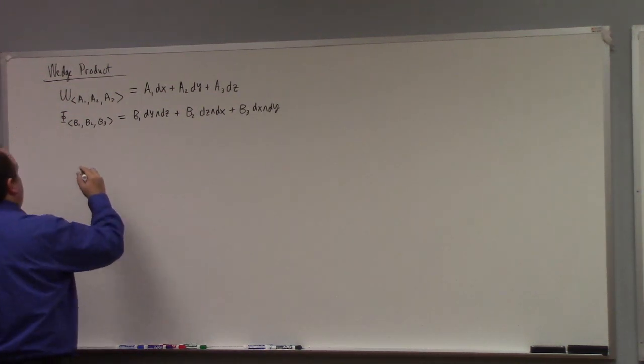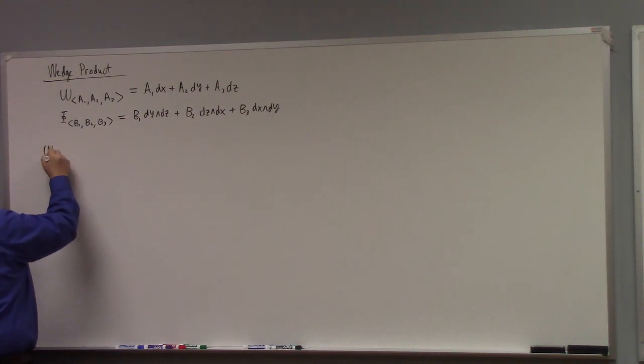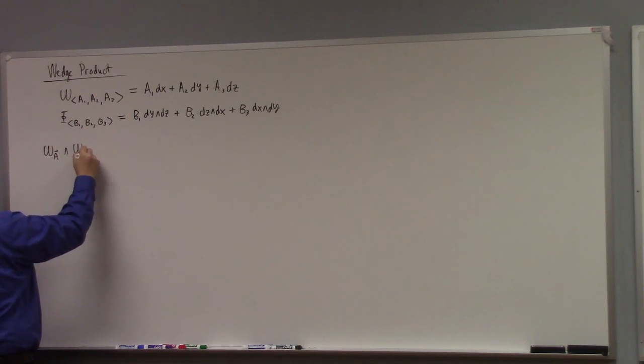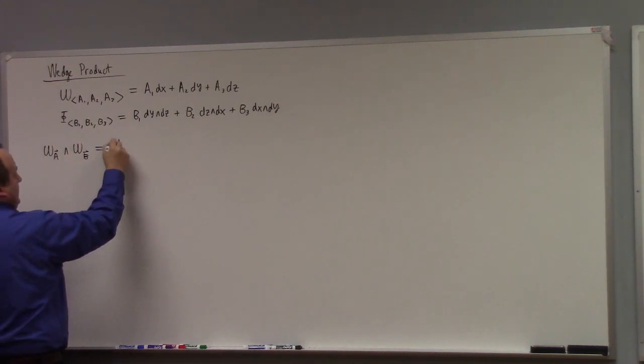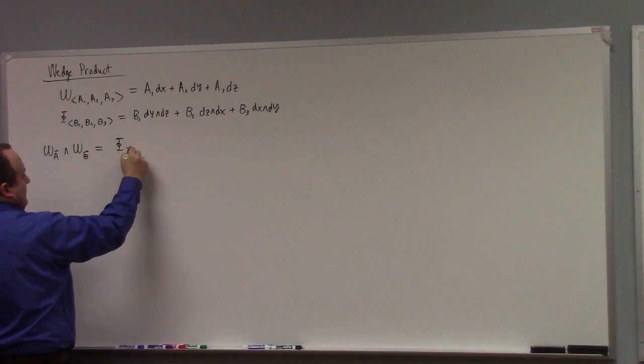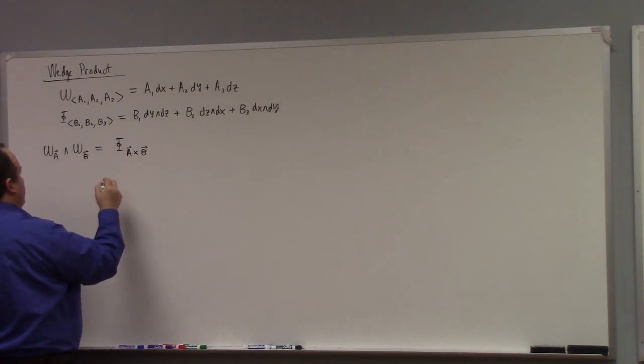We more or less saw that if we have one work form wedge another work form, we get the flux form of the cross product of the vector fields.